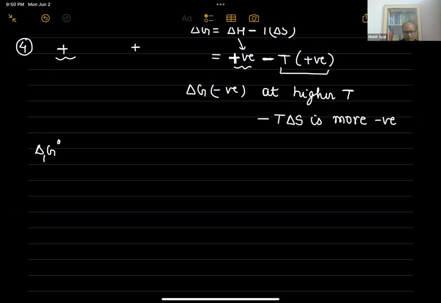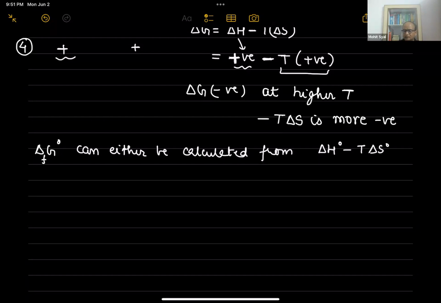And if you take the standard Gibbs free energy change, just like standard delta H, it is the standard enthalpy change minus T delta S. Is it clear?